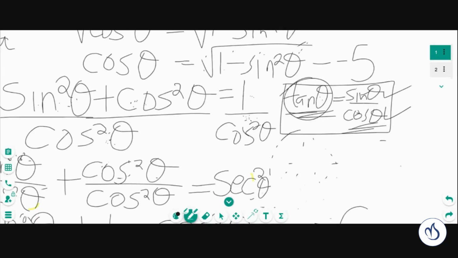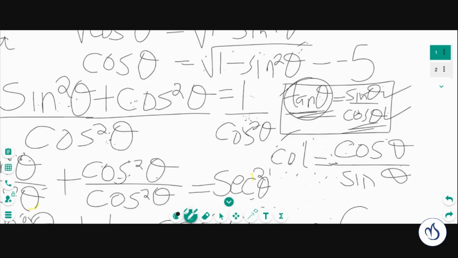So if I interchange and start with the cos of theta, divide by the sine of theta, I get the cot of theta.